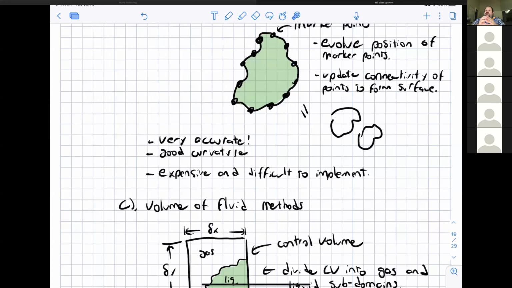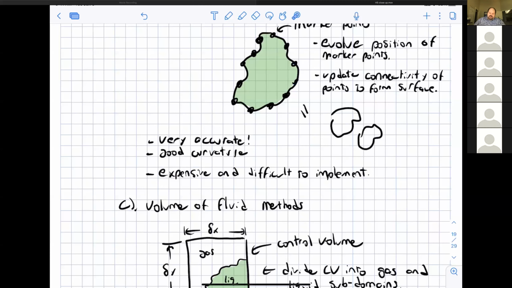But there is a little bit of arbitrariness associated with their algorithm to decide, when a droplet splits into two smaller droplets, or if two droplets merge, that they need to make a decision on the connectivity list of all these particles. Okay, so does this concept make sense?